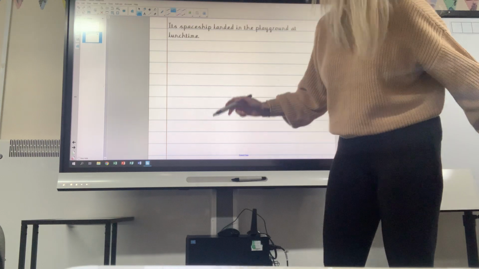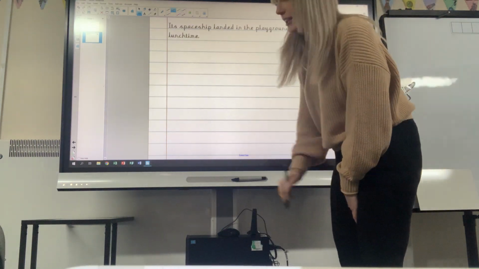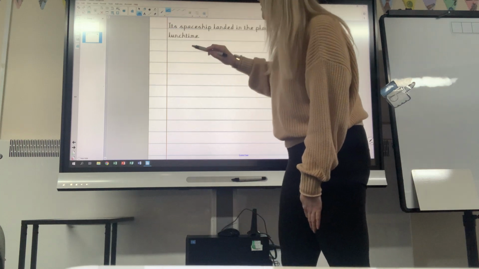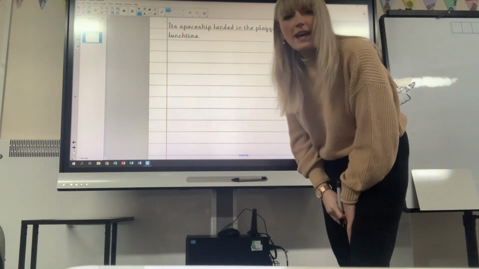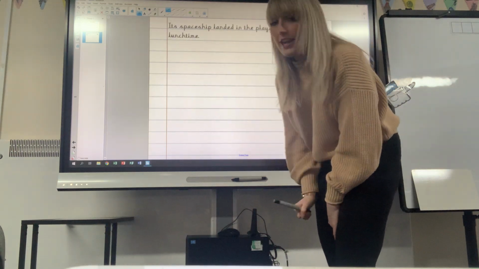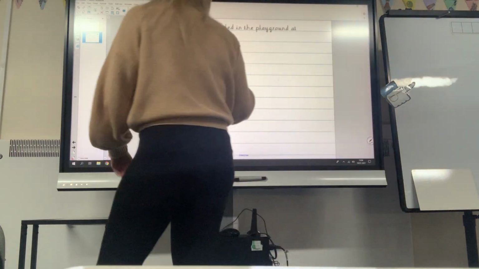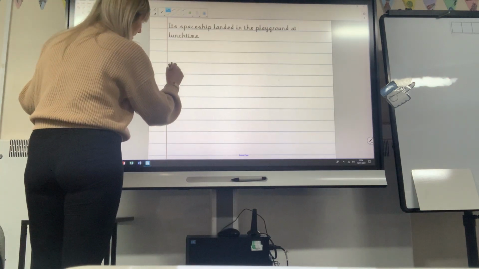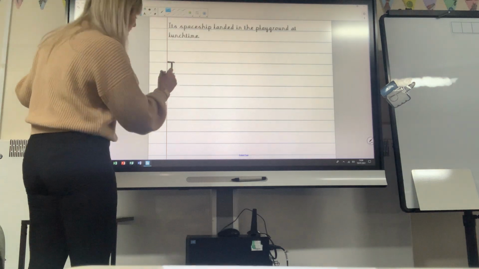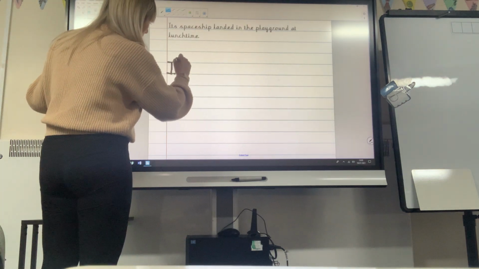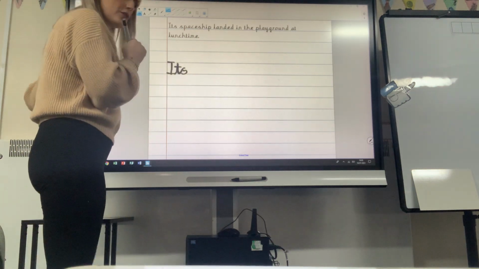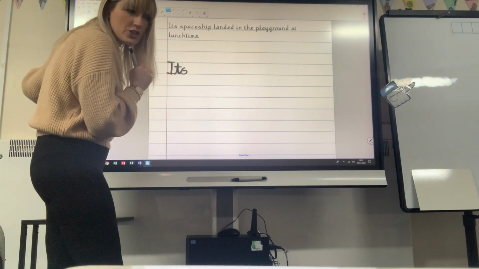So I wrote it on the board, and I'm going to have a little go at making it better. Okay, so its spaceship. So first of all, I might describe the spaceship. I'm going to start with its, like it did in the sentence. I'm going to start at the margin, making sure I'm writing in my neatest handwriting, and I'm on the line. So, oh, how could I describe its spaceship?